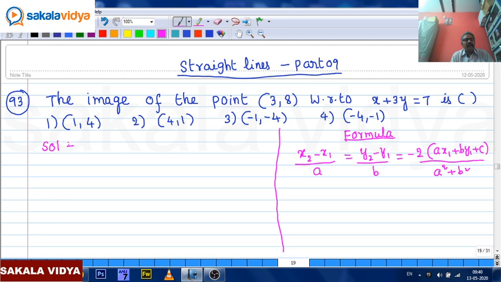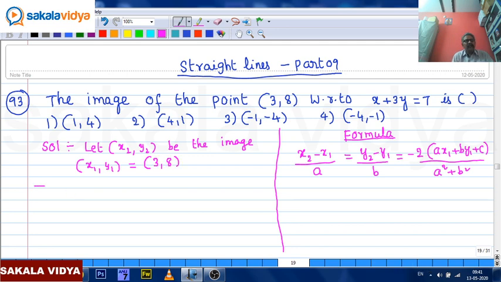Here, solution. So, let x2 comma y2 be the image, x1 comma y1 equals 3 comma 8.